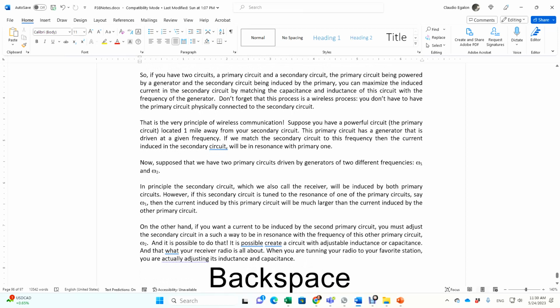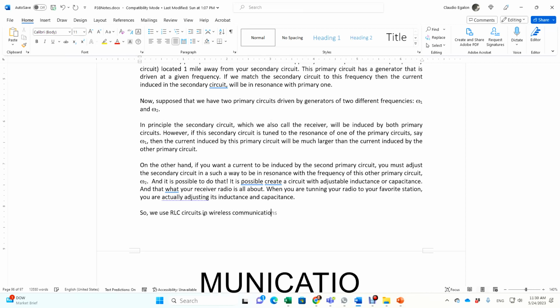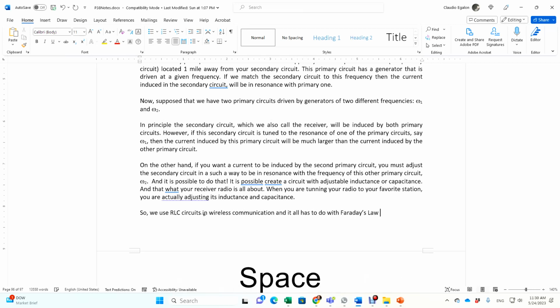Okay, RLC circuits. We use RLC circuits in wireless communication, and it all has to do with Faraday's law of electromagnetic induction.